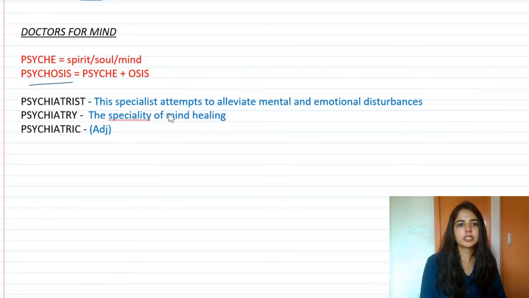Psychiatrist, this specialist attempts to alleviate mental and emotional disturbances. So a specialist or a practitioner who is helping you to heal your mental and emotional problems which are intangible. So they do not do any surgery upon you like neurologist or cardiologist, or they do not perform any procedures on you like dermatologist or anyone.